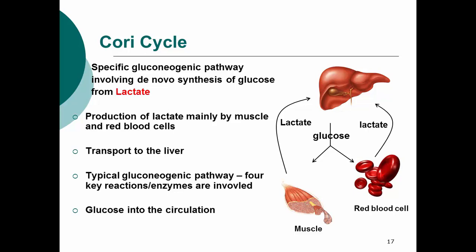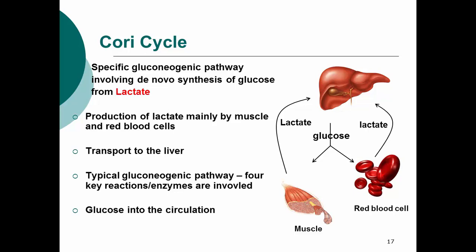So lactate is released from these tissues and cells and transported to the liver. The liver picks up the lactate from the circulation and uses it for making glucose through gluconeogenesis, right?